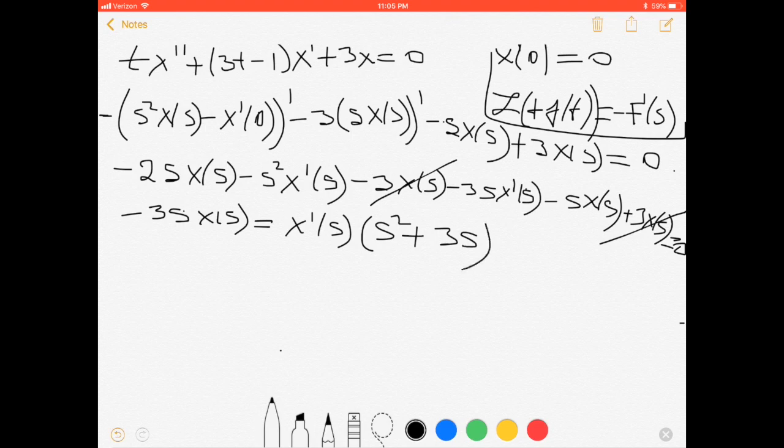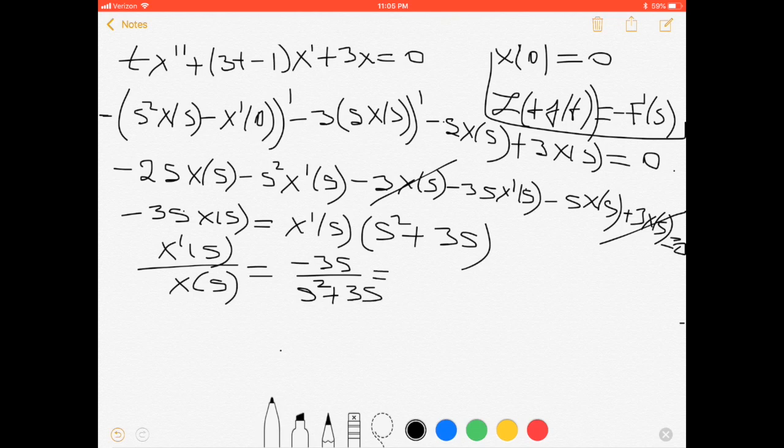This means x prime to the s divided by x to the s we have minus 3s over s squared plus 3s, or is equal minus 3s over s plus 3. This is s and s cancelled.